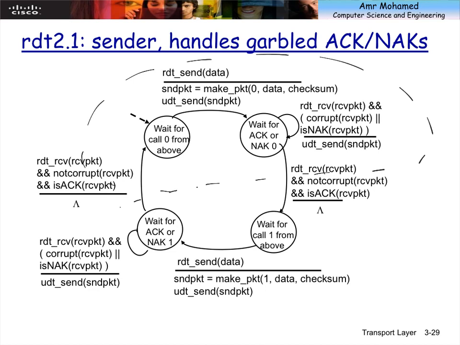Okay? Except on the way back here, we don't actually go to this state. We go to the same state but for packet 1. That's the only difference. Clear here? So it's just a duplication of the previous one. For one side it's 0 and for the other side it's 1. That's it. Okay?